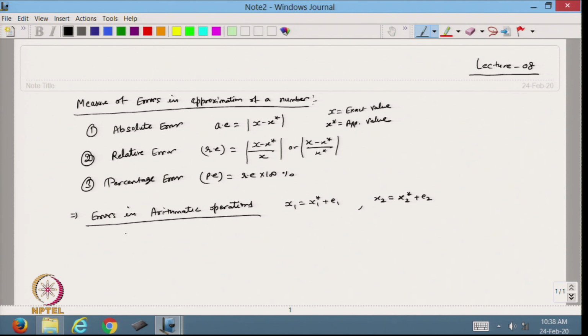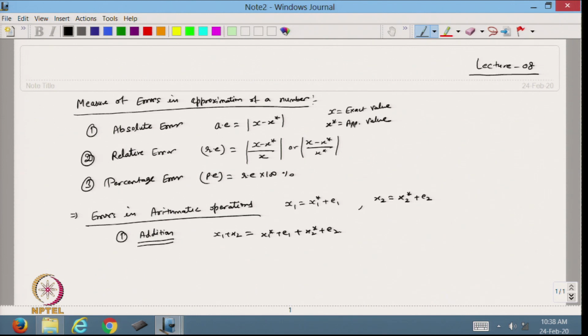I will take the first one: suppose we add these two numbers, so addition. What will happen if I add x1 and x2? If I add x1 plus x2, I can write this as x1 star plus E1 plus x2 star plus E2.